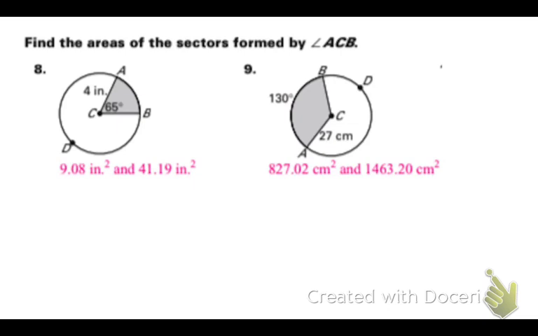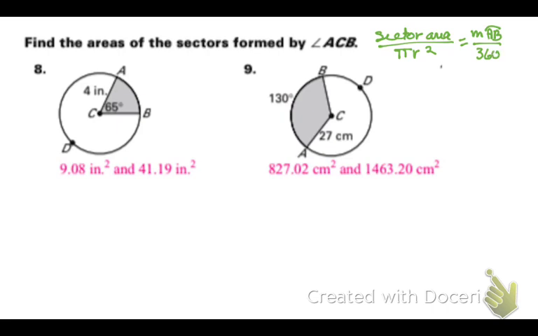So, find the areas of the sectors. Now, remember, this is where I said you needed to use those formulas that we talked about earlier. Our formula is the sector area over pi r squared, the area of the whole circle, is equal to the measure of arc AB over 360.